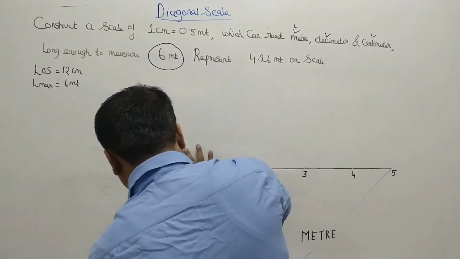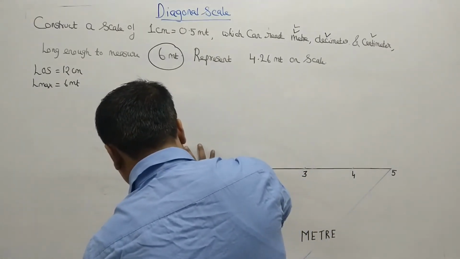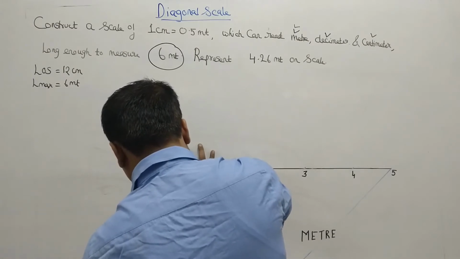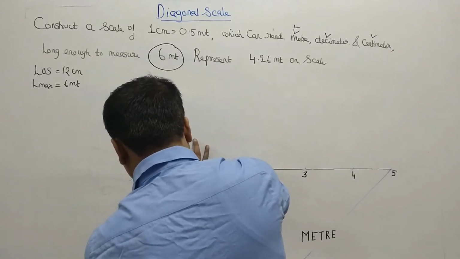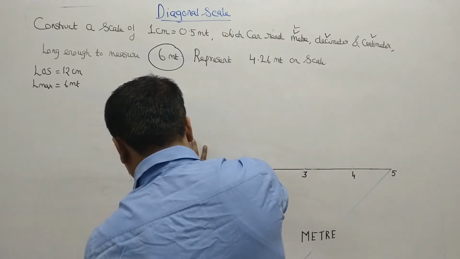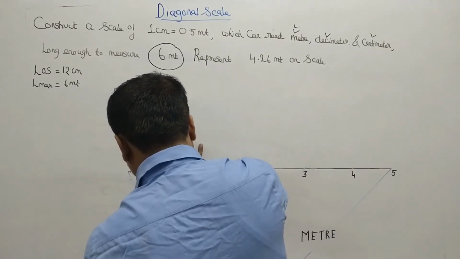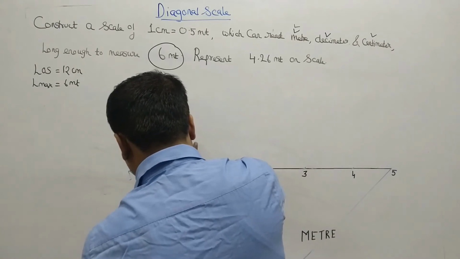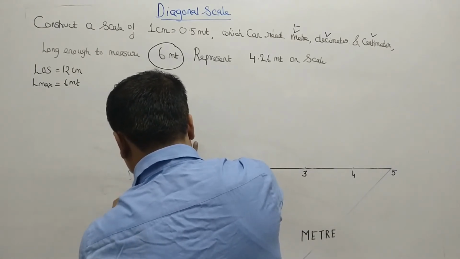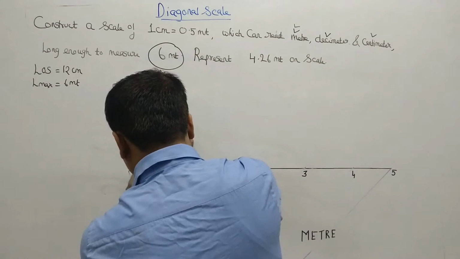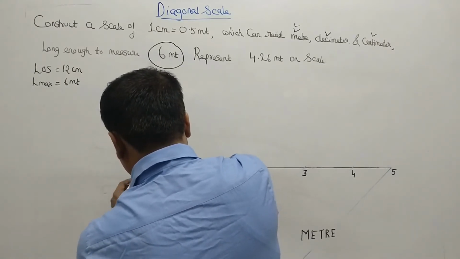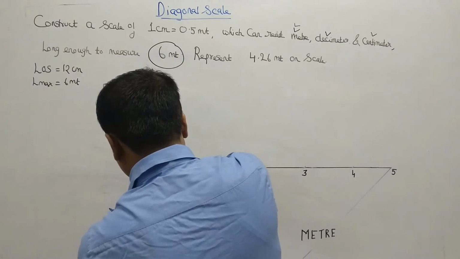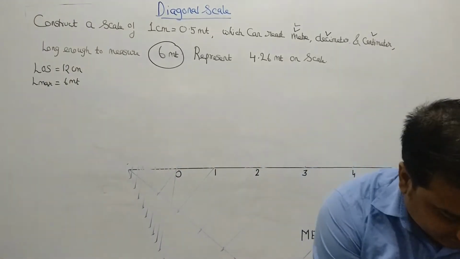I will join the last cut, and then drop the parallel lines. So divide the first division into 10 equal parts.